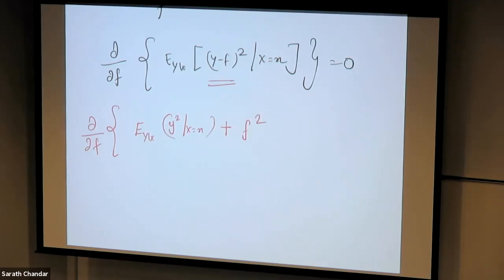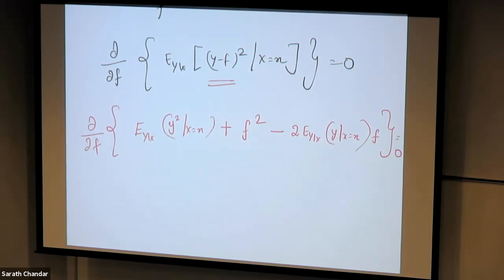I don't need to put an expectation for f square because f is not a function of y, right? Minus twice the expected value of y given x is equal to x, multiplied by f, the whole thing is equal to 0.